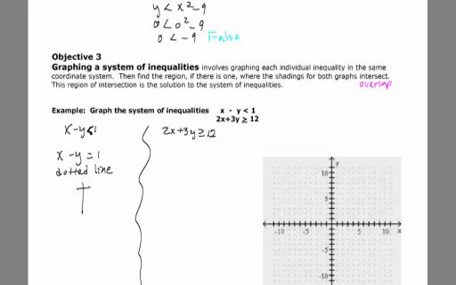So find a couple of points, or choose your method of graphing that line. If I put a 0 in place for x, I get a negative 1 for y. 0 in place for y, I get a 1 for x. Two real simple points to find. So 0, negative 1, and 1, 0. And I would graph this as a dotted line. So there is my first boundary.